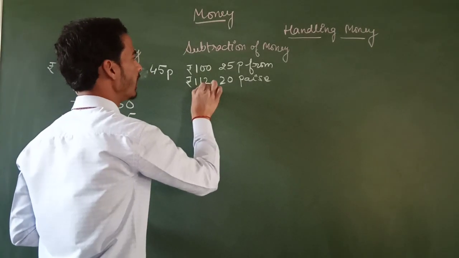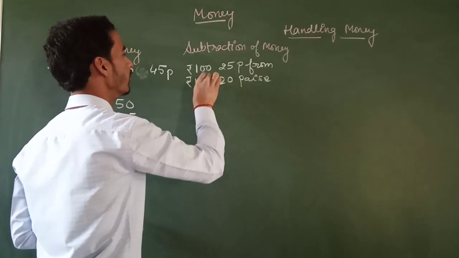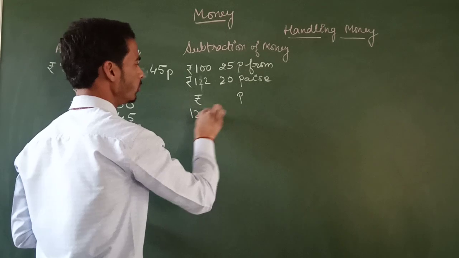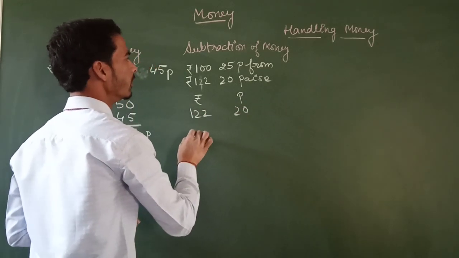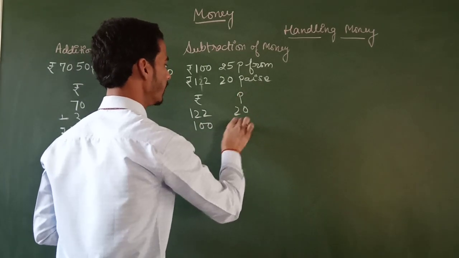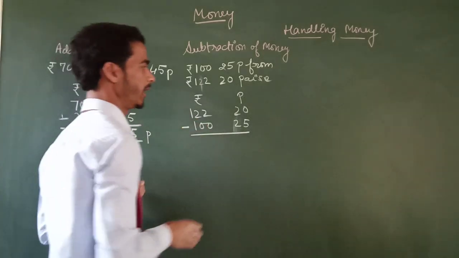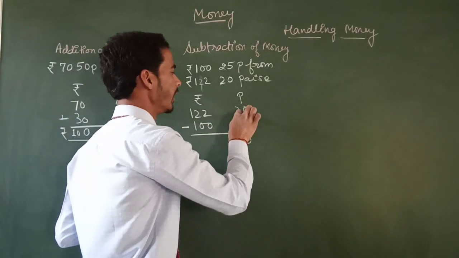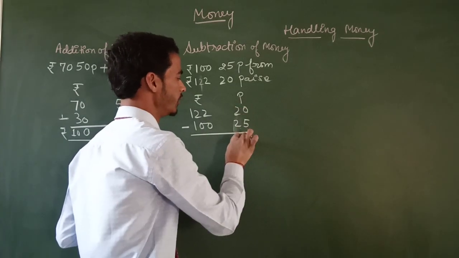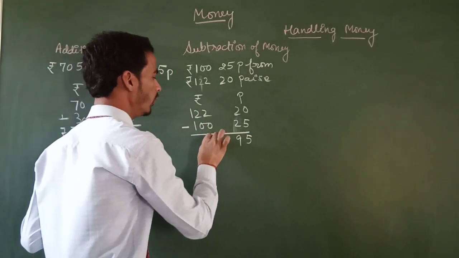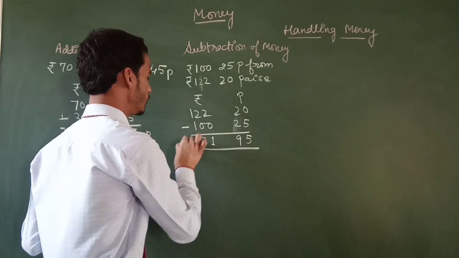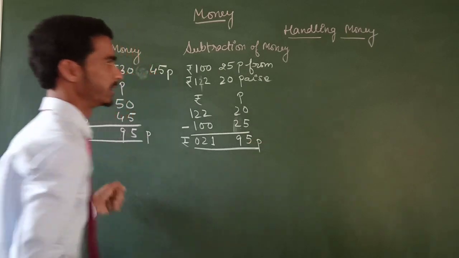We have to write first rupees and then paise. Subtracting, 10 minus 5 is 5, and borrowing, 11 minus 2 is 9, then 1 minus 0 is 1, 2 minus 0 is 2, and 1 minus 1 is 0. That is rupees 21 and 95 paise.